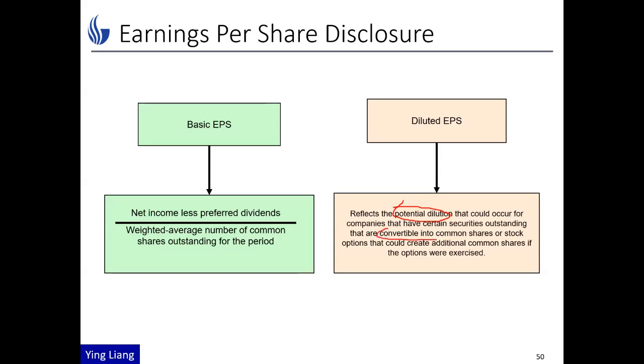So convertible into common shares, it is mainly about the options. When we talk about Tesla and the stock, the options compensation. These are the options. Usually a company will have these options issued to their employees.